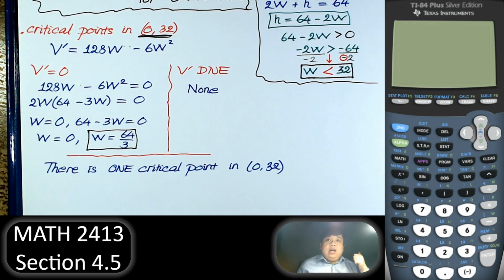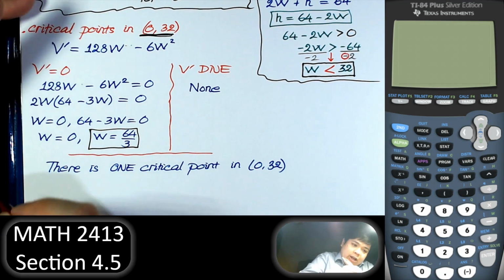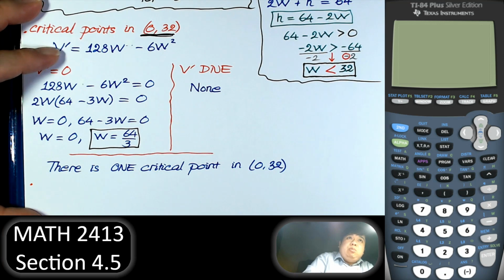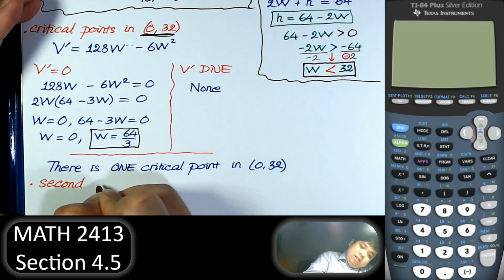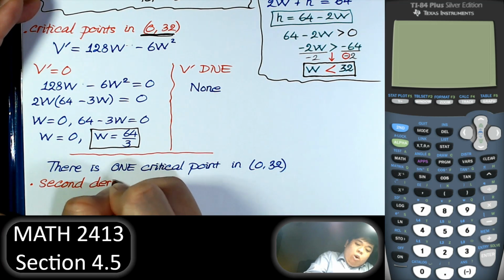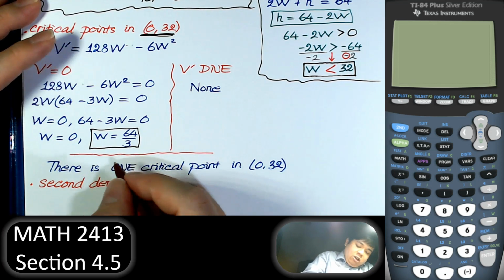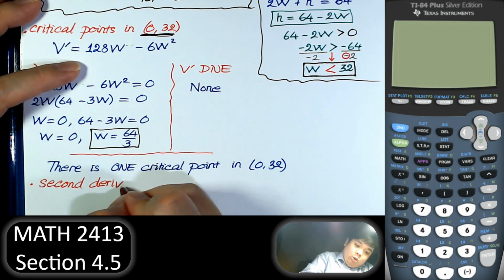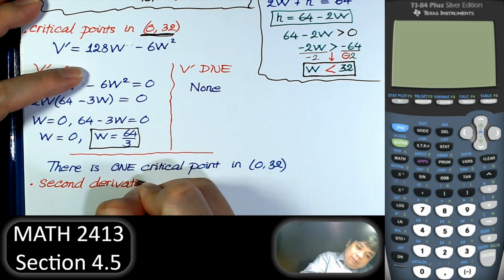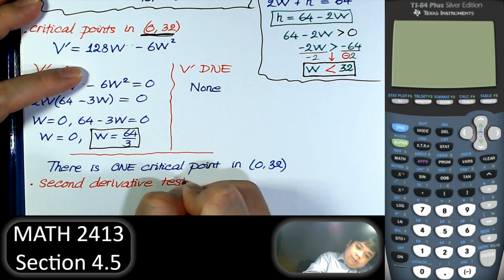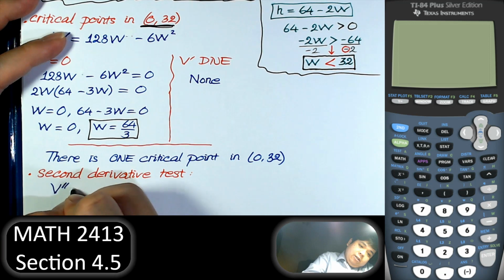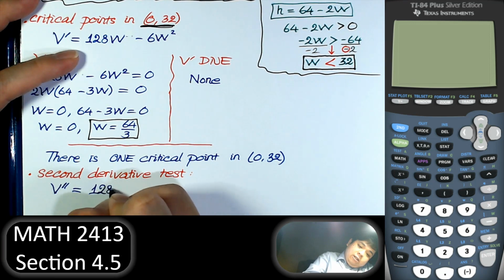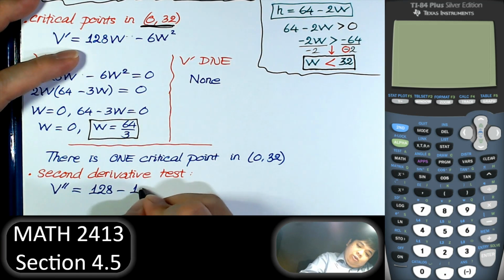Because of that, you can use the second derivative test, the first derivative test, or just use the table. But if the function is simple enough, I prefer to use the second derivative test, because I only need to test one point rather than use the sign chart, where I have to test a bunch of points. So I take the second derivative, which is 128 minus 12w.